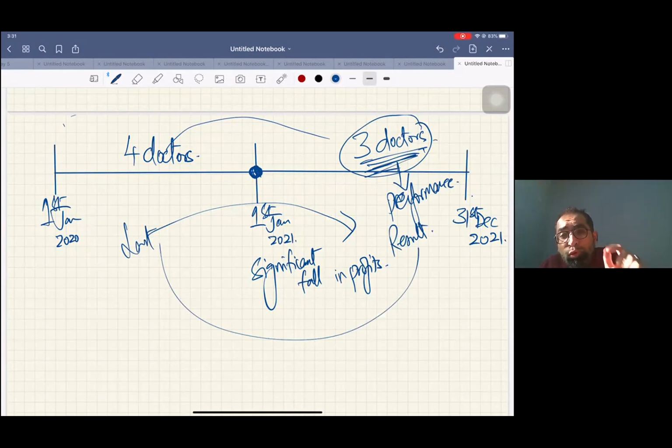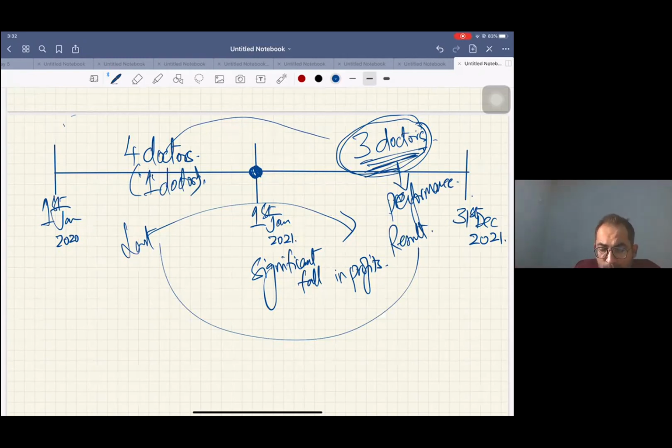So now, open your eyes, the real point I am going to say. If you want to check the real performance of these three doctors, you will go into last year's accounts and eliminate the result of that one doctor who left.